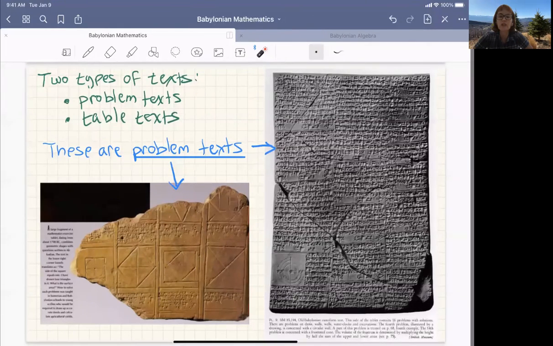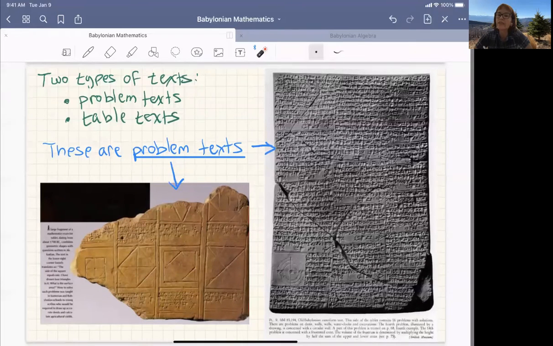And so if you look at these two texts, this one here looks like geometry problems. So for example, you can see squares with lines written in them. Here's a square with a circle inside of it. Here's a square with some diagonals.